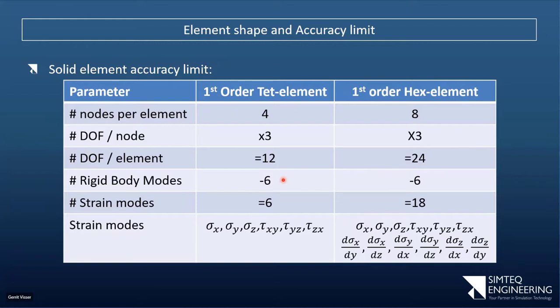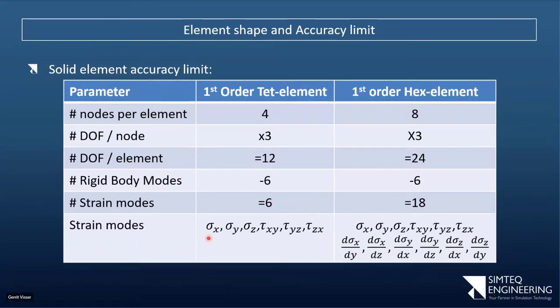I still have to be able to represent 6 rigid body modes, meaning I have to be able to move that element in 6 ways without changing either its shape or its size. If the shape and size does not change, that means there should be no stress. So that leaves me 6 variables to calculate stresses with.